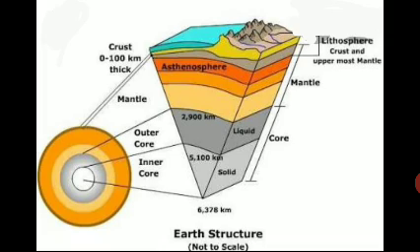So what are the main parts? The main parts are crust, mantle, and core. And lithosphere is the crust and uppermost mantle. These show the lithosphere.